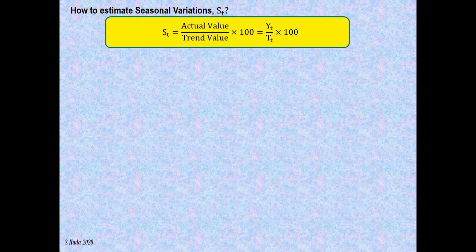Okay guys, next we proceed to estimate seasonal variation. How to estimate seasonal variation? Same process, same procedure, same formula as the even case, which is actual value divided by trend value times 100.